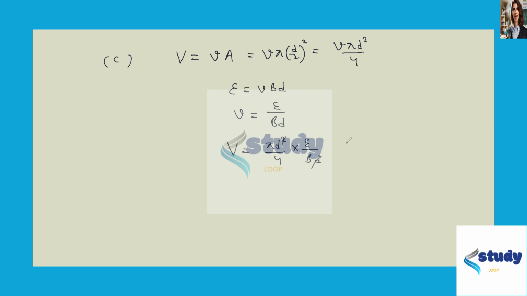So finally the volumetric flow rate comes out to be pi times epsilon into D divided by 4 times of magnetic field B. Thank you.